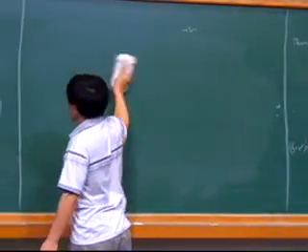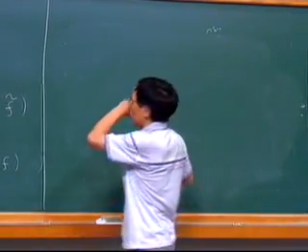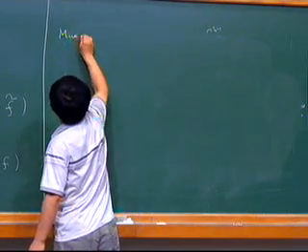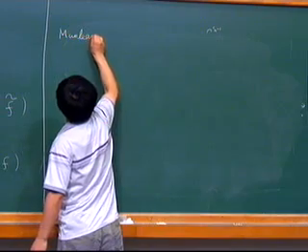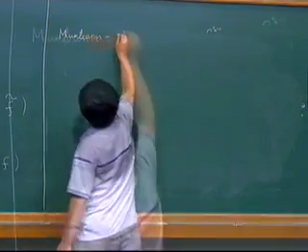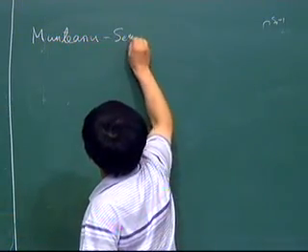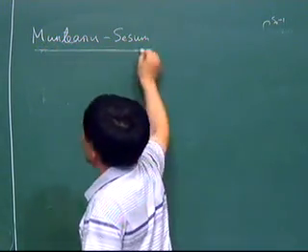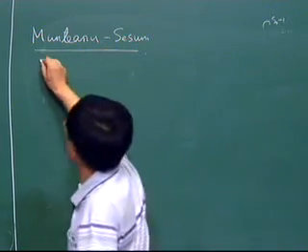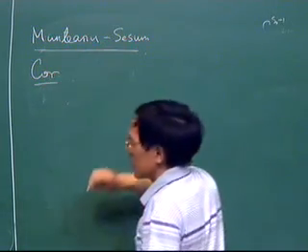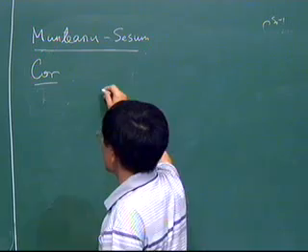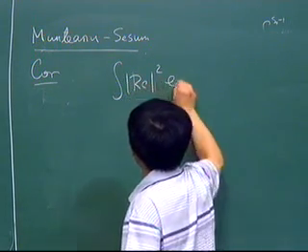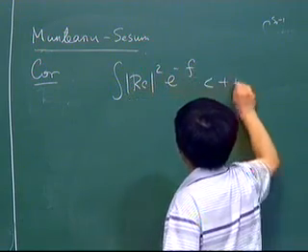It can also be used. Actually, it has been done by Munteanu and Sesum. Am I right? They prove that using this, they can prove the corollary: for a shrinking soliton, the integral of Ricci squared is finite.